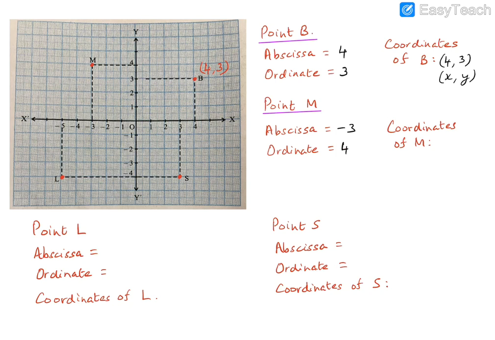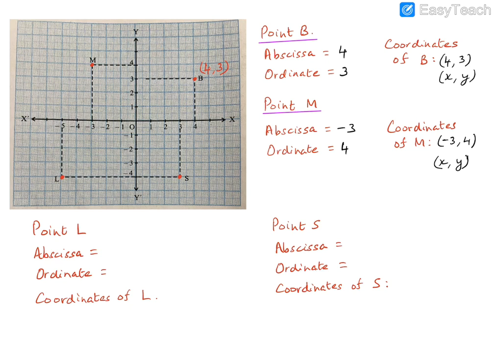So we can now represent the coordinates of the point M as -3 comma 4, where -3 is the x coordinate and 4 is the y coordinate, so it's x comma y. Okay, so we have the coordinates of the point M in this way.